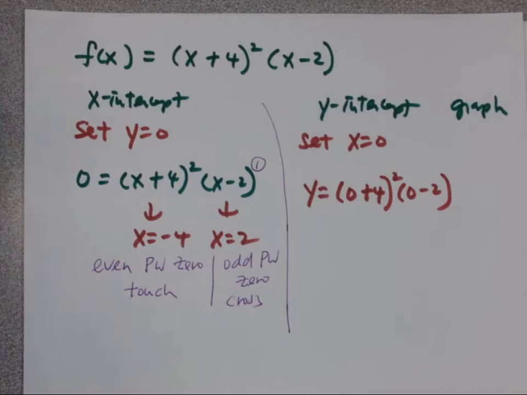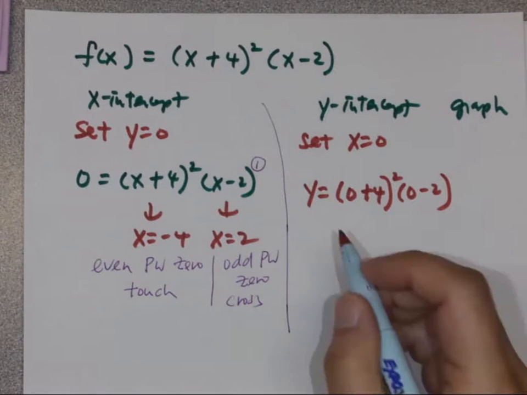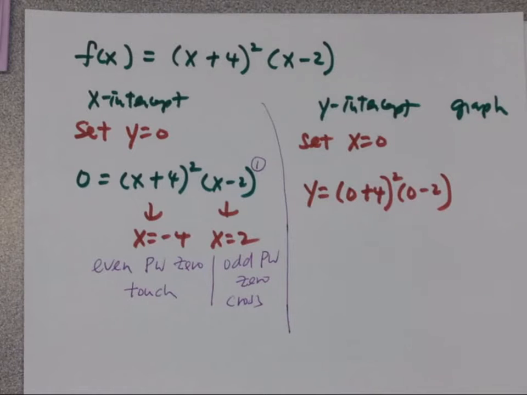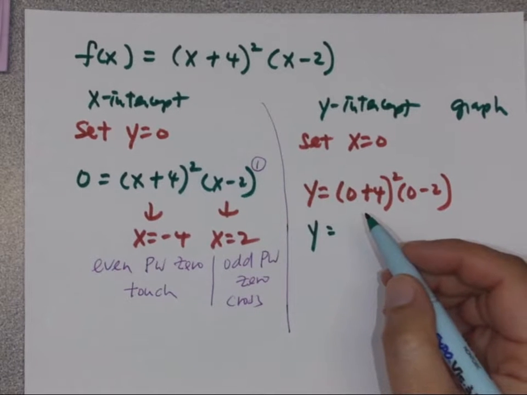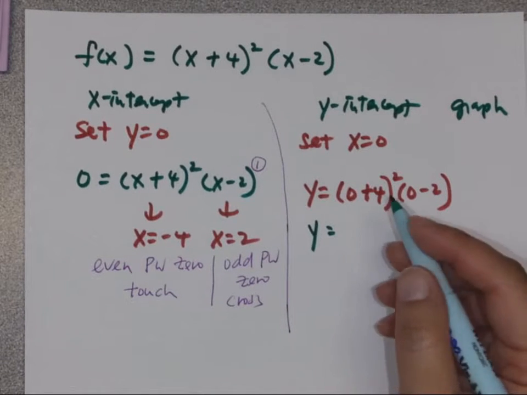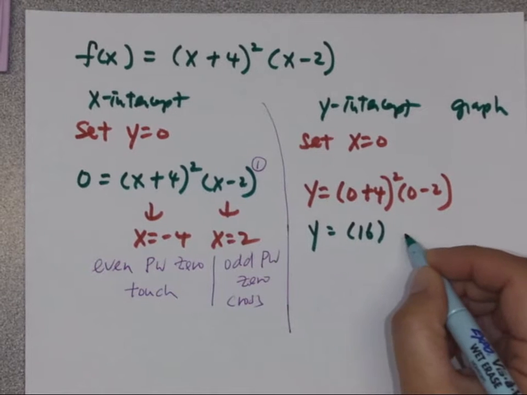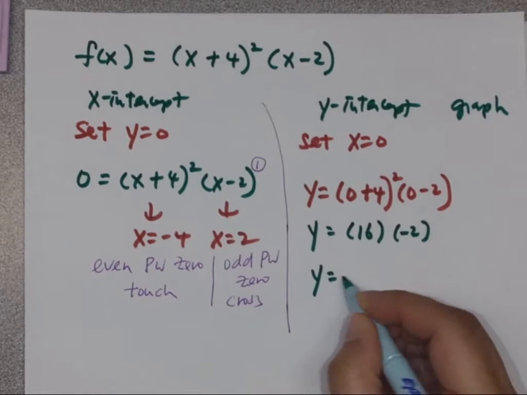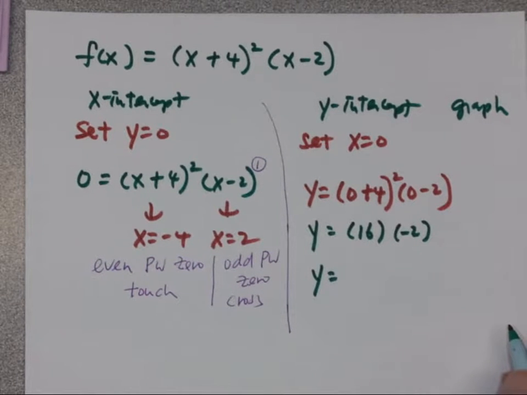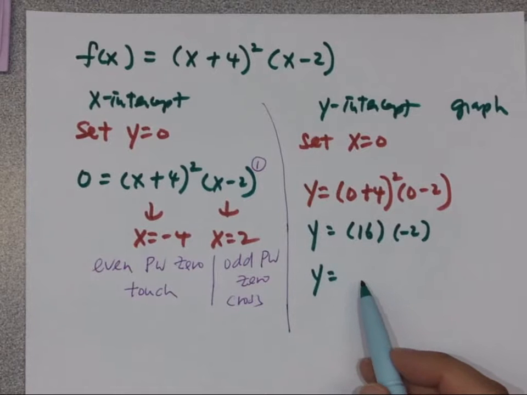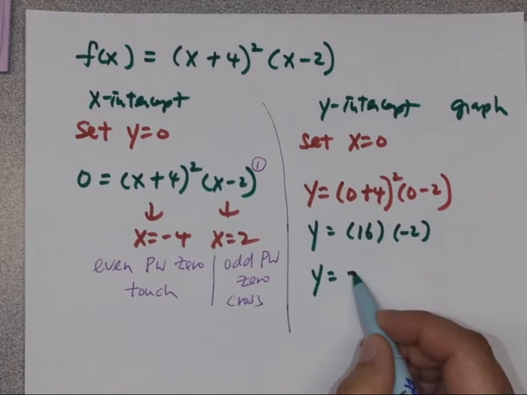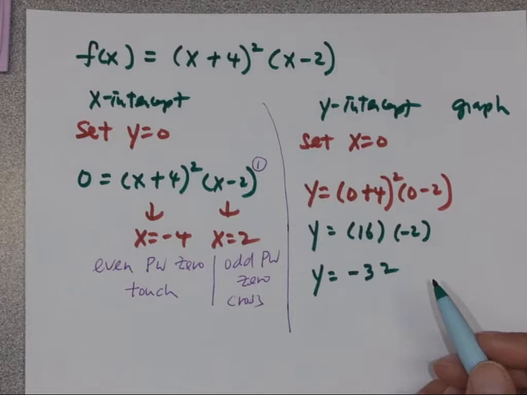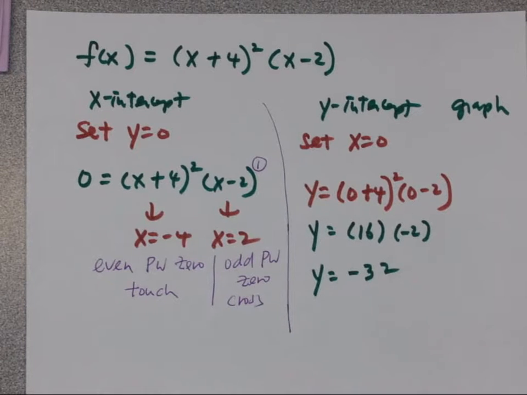So y is going to be 4 squared is 16 times a negative 2, so y equal to what? Multiply. Negative 32, is that right? Okay. So we have the x and y intercepts.